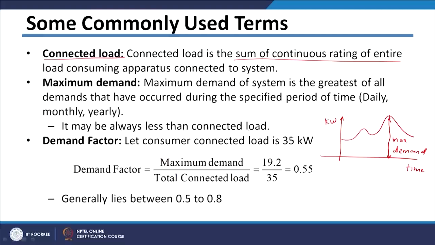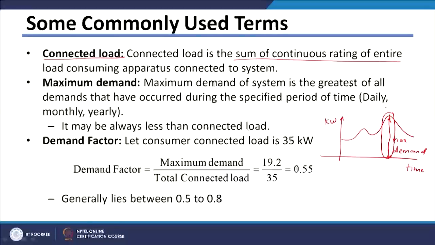This maximum demand can be stated for daily, weekly, monthly or yearly consumption, and it will always be lesser than your connected load, because all the connected equipments will not be on at a time. There will always be some equipments which are off, even during the maximum demand period.